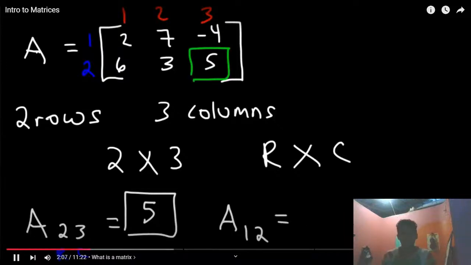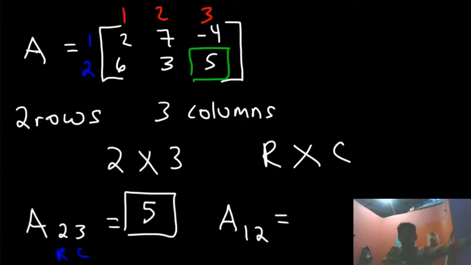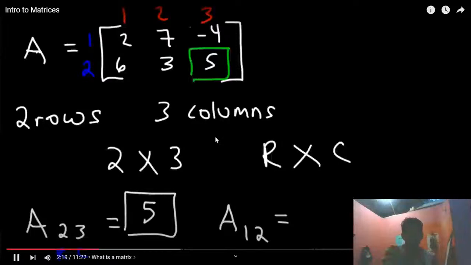What's element A12 and also element A21? Go ahead and identify the value of these elements. So element A12, that's in the first row, second column. So that's in the first row, the second column.